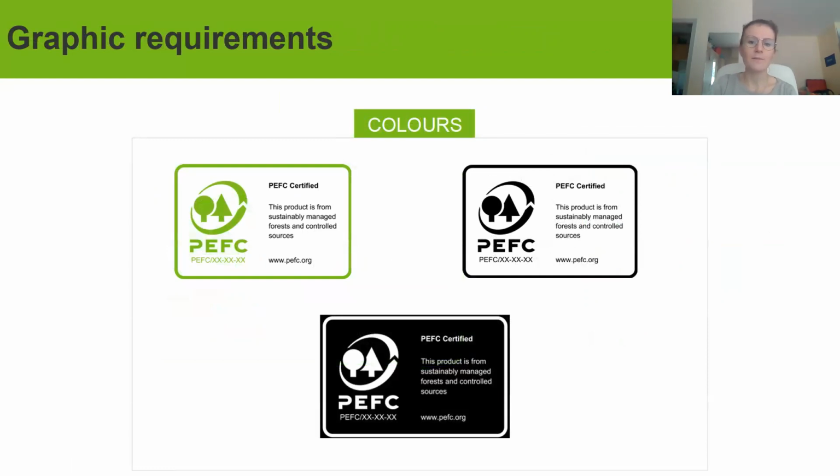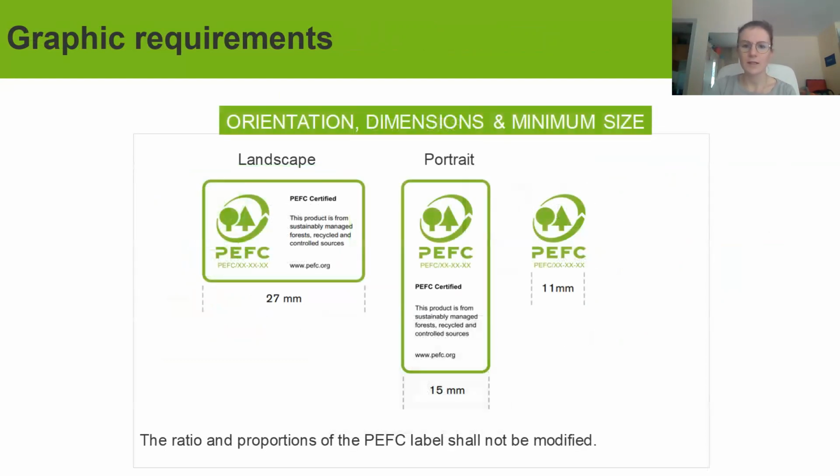There are three standard colors: green, black, and white. The orientation, dimensions, and minimum size shall be respected. And the ratio and proportions of the PFC label shall not be modified from what you get from the PFC label generator.